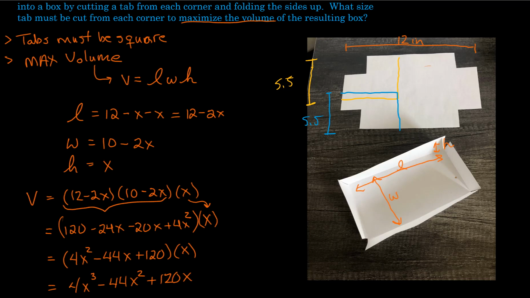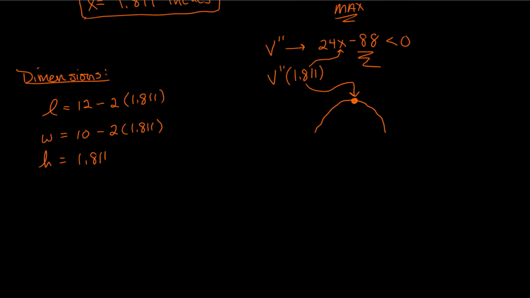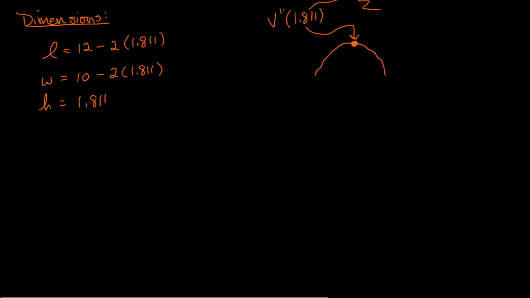Like, how big is this box going to be and how much can it hold? Well, yeah, I guess those are legit questions. So what we're going to do down here, in addition to determining the size of the tab that we need, 1.811 inches, is 12 minus 2 times 1.811 equals, this means the box is going to have a length of 8.378 inches.